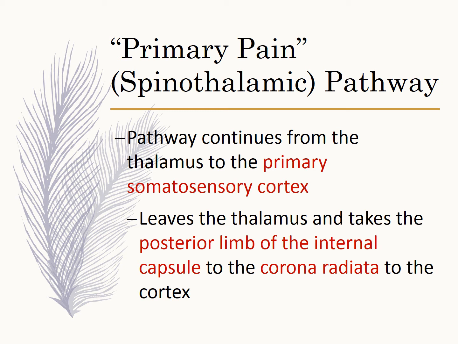So we have neurons in the spinal cord that take the spinothalamic tract up through the spinal cord and through the brainstem to the thalamus, where they synapse on other neurons, which then leave the thalamus, take the posterior limb of the internal capsule to the corona radiata in order to get to their destination of the primary somatosensory cortex.